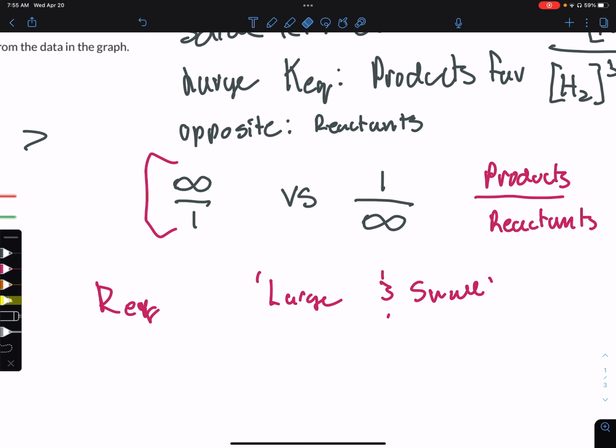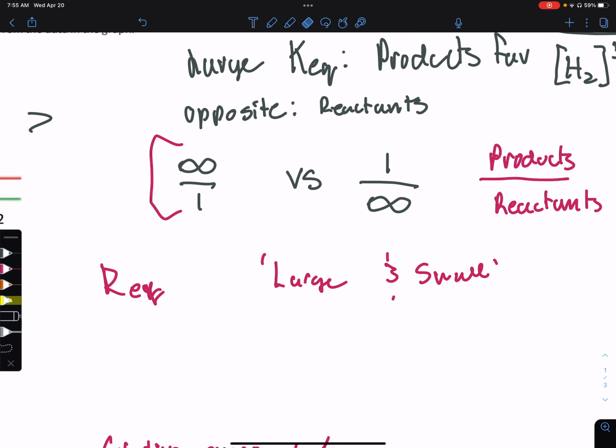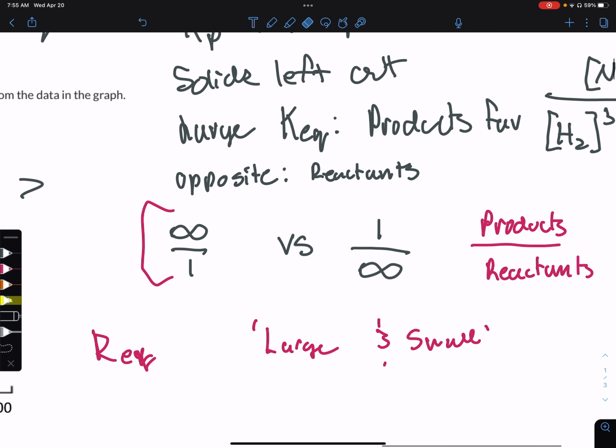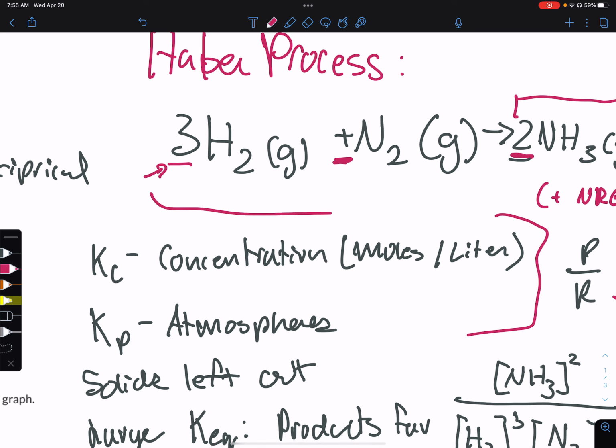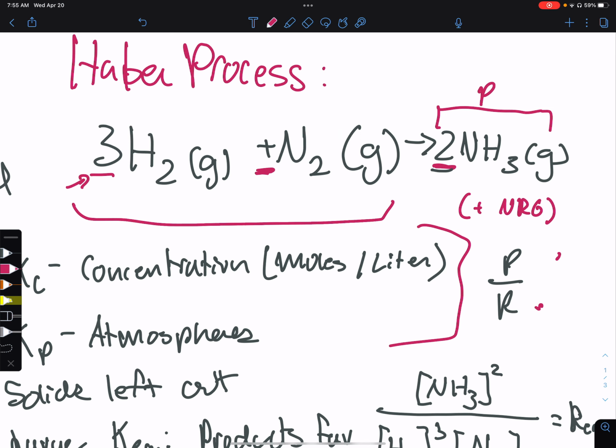We can use these KEQ values to determine whether the reaction is going to tend to favor the reactants or the products.